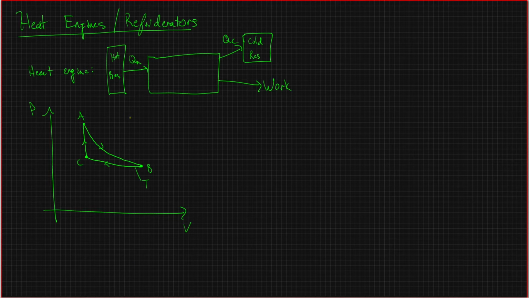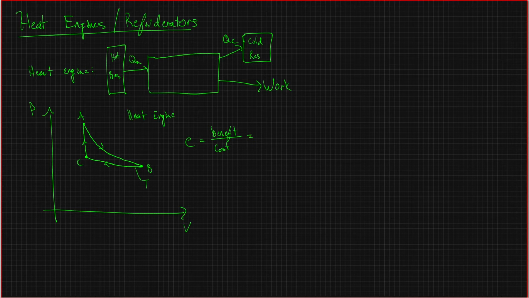So if I'm told, hey, this is a heat engine, you need to calculate the efficiency, I know the efficiency of a heat engine is the benefit over the cost.